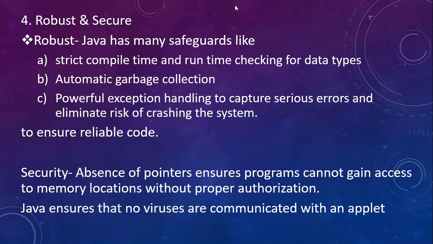So if there is any virus present in the program being read by the JVM, the program will not run at all, and the virus will not be effective. The same goes for applets. With all this, Java happens to be the most robust and most secure programming language.